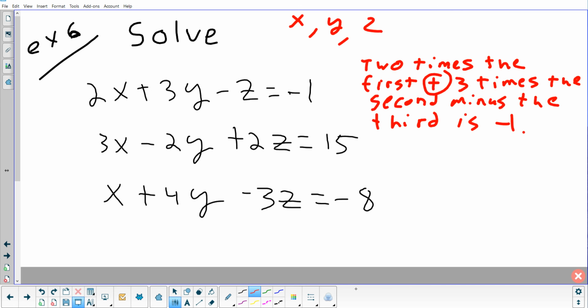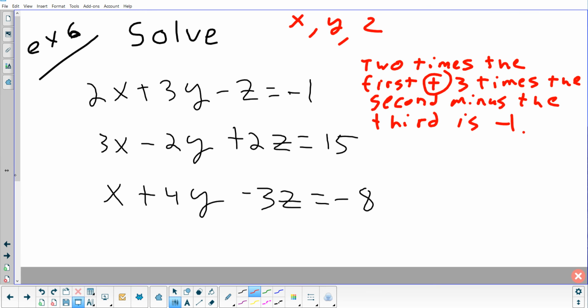All right, so let's try solving. So what we want to do is pick two equations and pick a variable to eliminate in both of those. What I generally do, if I can, is I try to look for an equation that has a coefficient that has a 1. Just because a 1 is easy to work with.